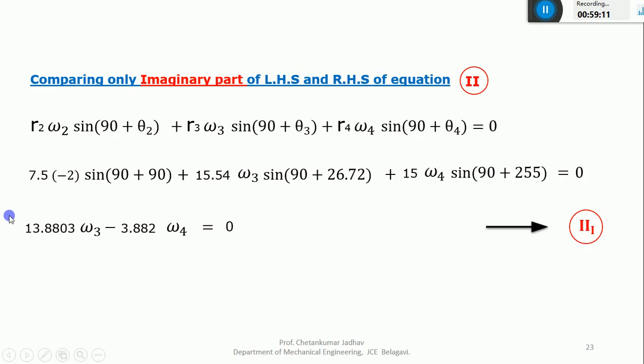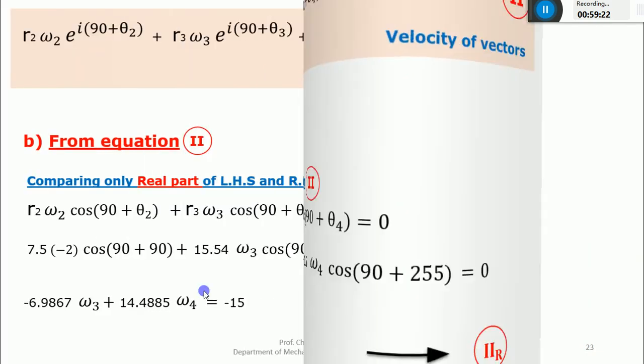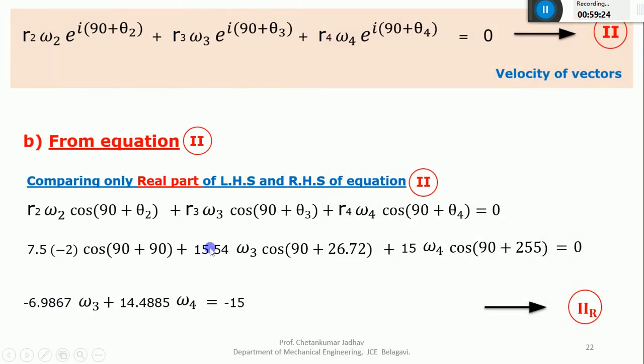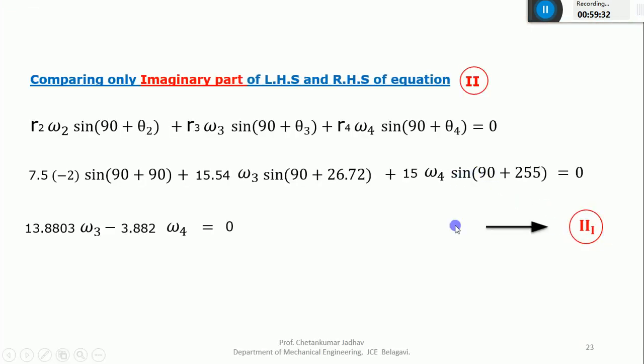Since you got this equation by comparing the imaginary part of the second one, I can denote it as second equation imaginary part. On the previous slide, we got an equation by comparing the real part of the second equation. So this is equation 2 with real part, and this equation is the second equation imaginary part.